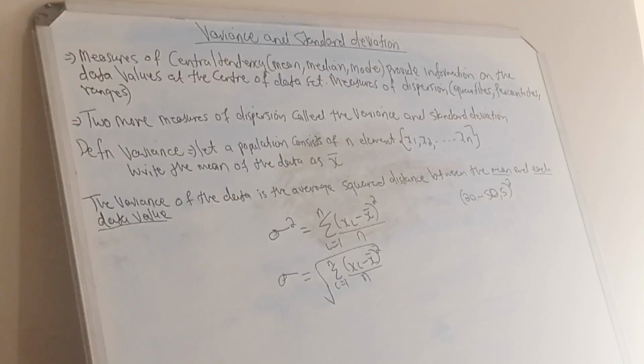For the variance we should have divided this by 9.